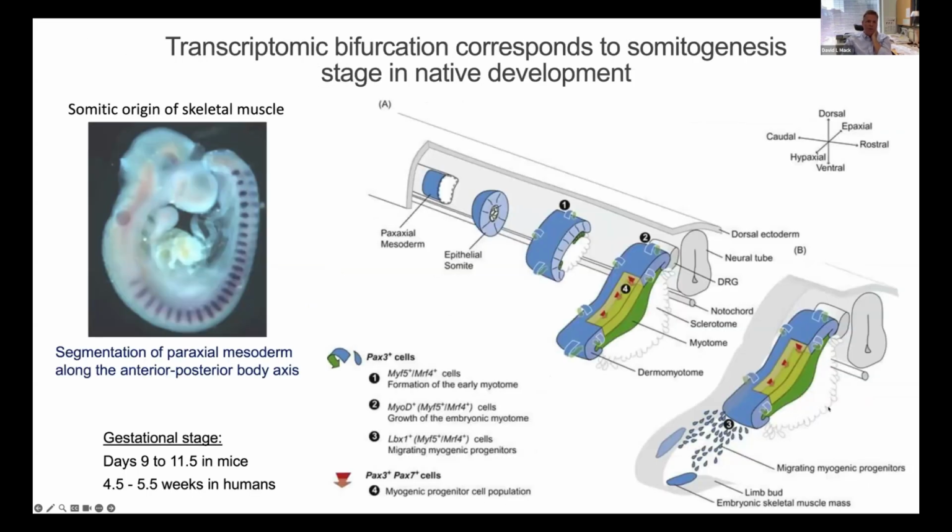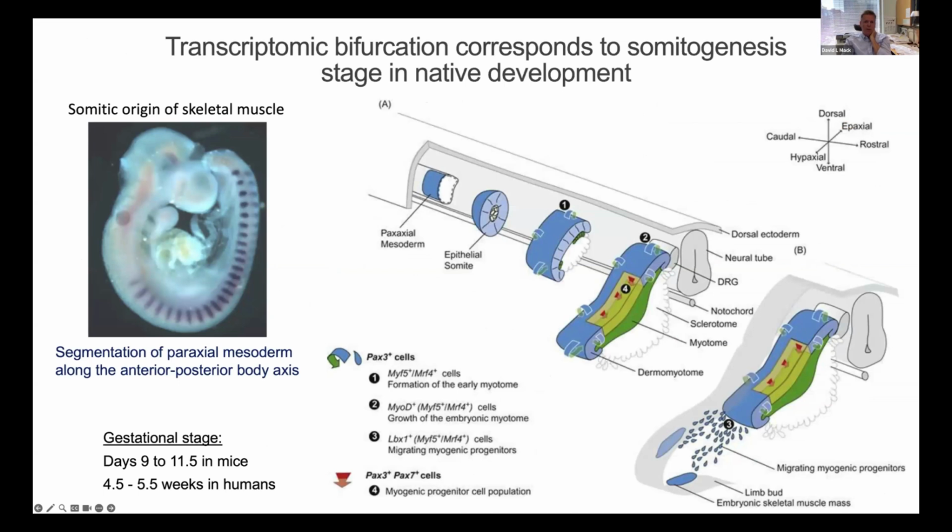So this is starting to suggest that the earliest manifestation of dystrophin deficiency is a deleterious effect on compartmentalization and somite formation during embryonic muscle development.